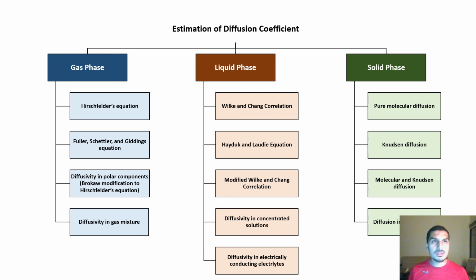It's important just to know what system each one of these equations is suitable for, because there are differences, and some of the equations will be good for some systems and not as good for other systems. So it's important to understand which is which. This is for gas phase, for liquid phase, and for solid phase.